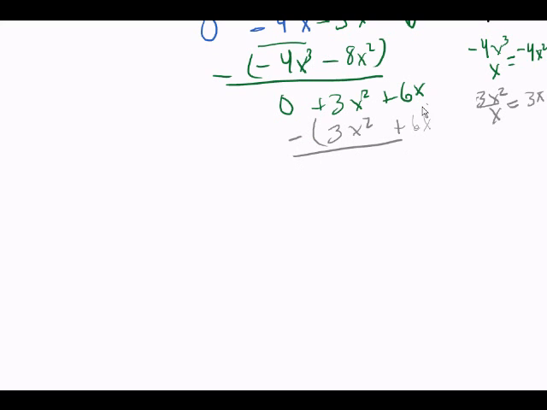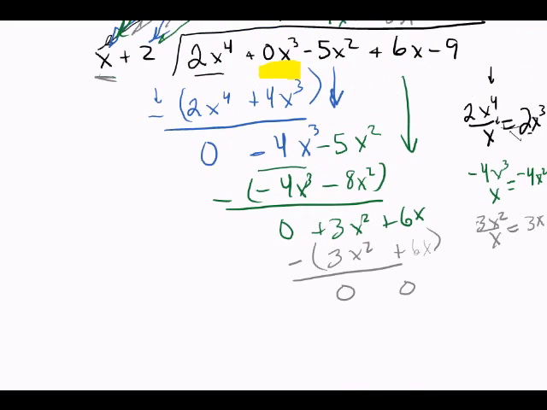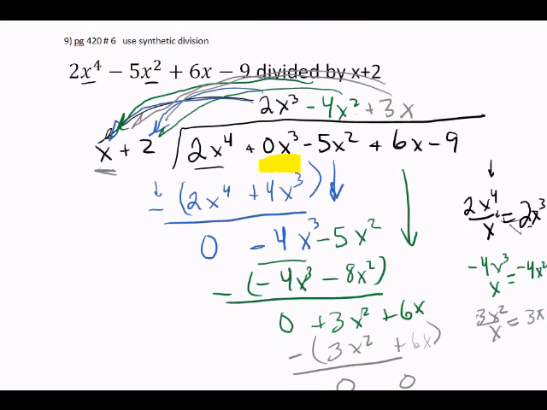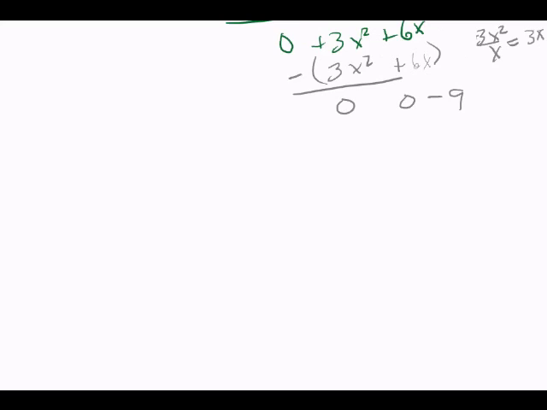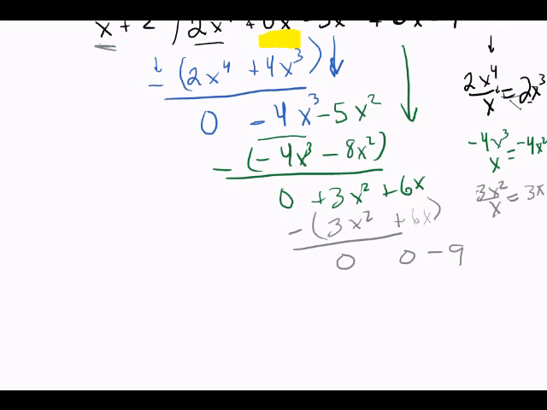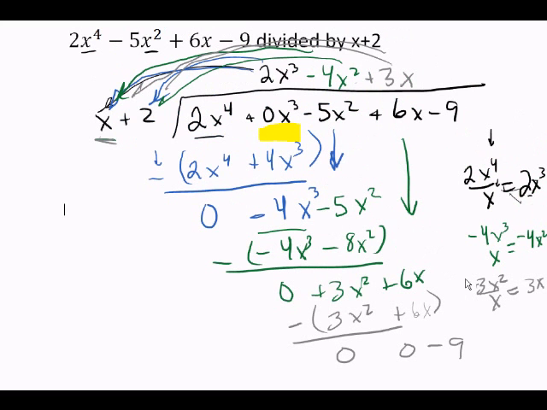Then we're going to subtract. Uh-oh, I went too high. We subtract. We're not just subtracting one term, we're subtracting both. 3x squared minus 3x squared is 0, 6x minus 6x is 0. But we're not done, because we still have to bring down that minus 9.